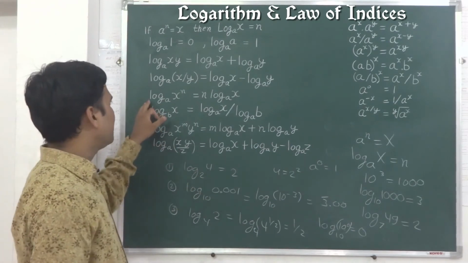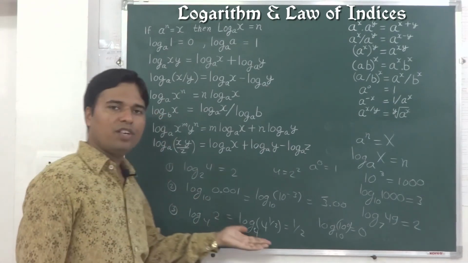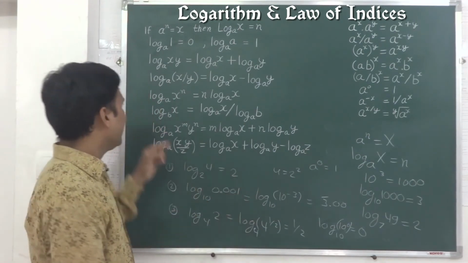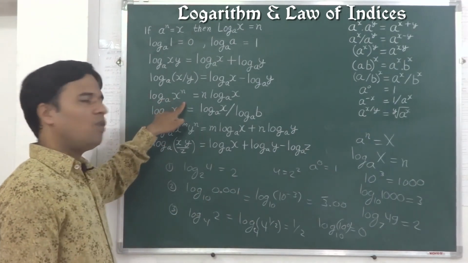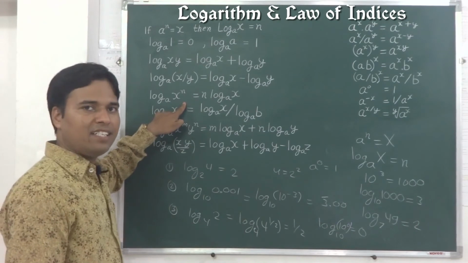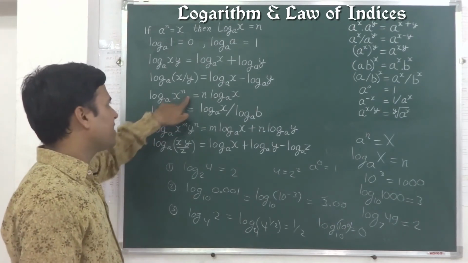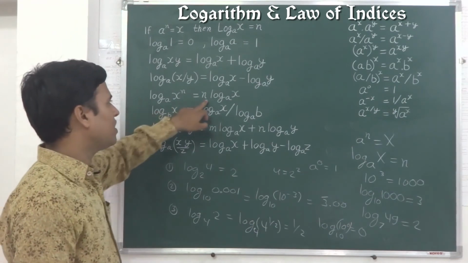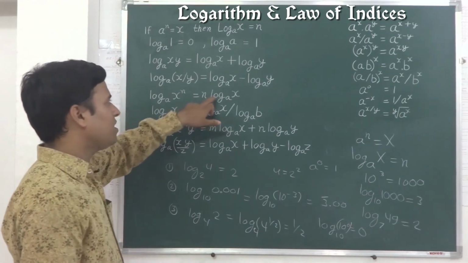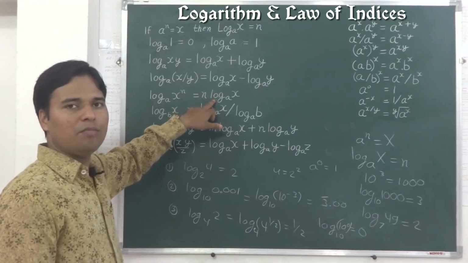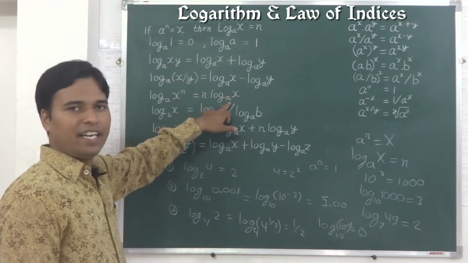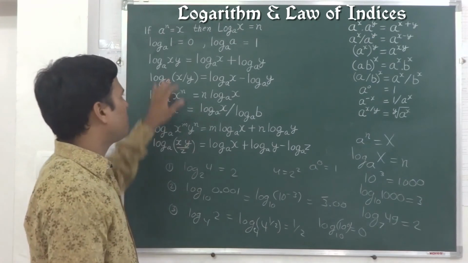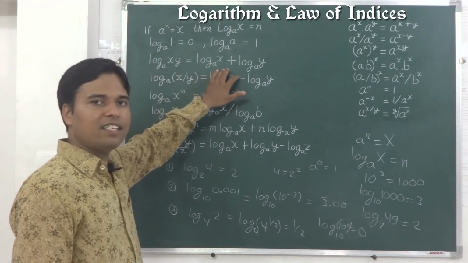Another formula which is also derived from these relations is log of x power n having base a. Then power n would come before the logarithm, so n multiplied with log of x base a. The logarithm will convert the multiplication operation into addition.